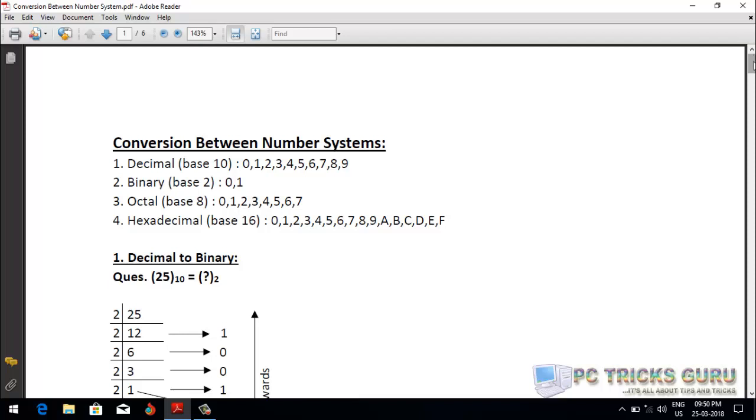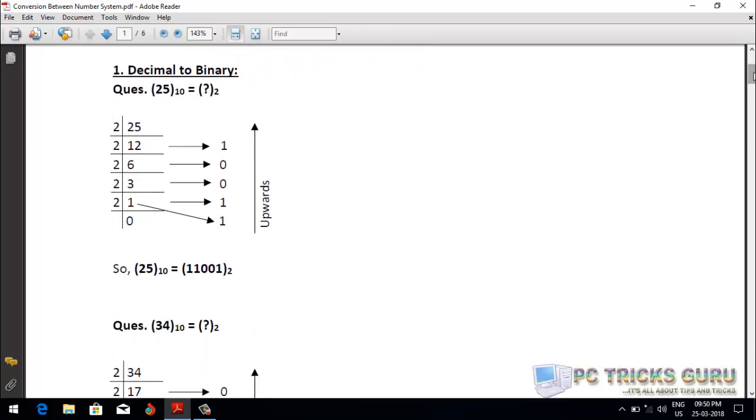So the first conversion which we are going to do is decimal to binary. I've taken an example, 25 base 10, and we want to convert it into a base 2 number. So write 25 here and divide 25 by 2. After dividing 25 by 2, we get 12 as the quotient and 1 as the remainder.